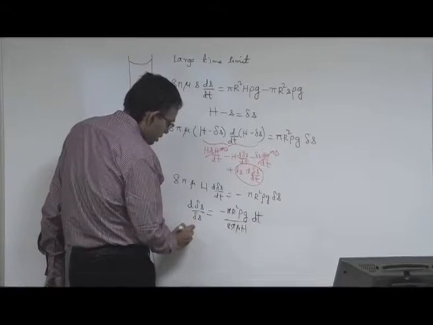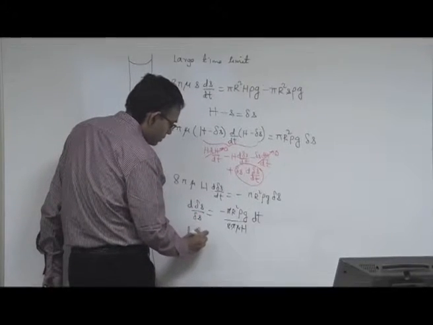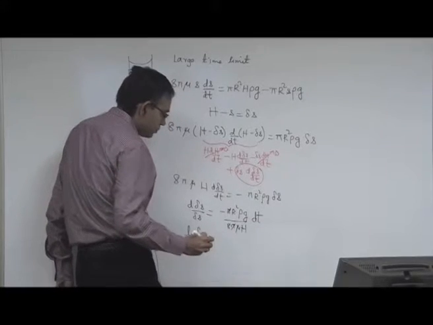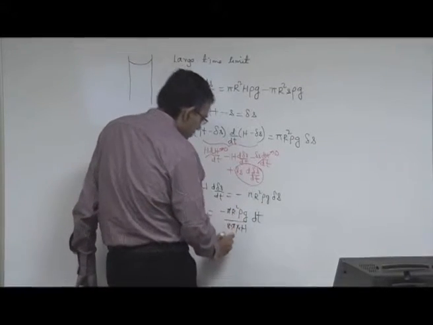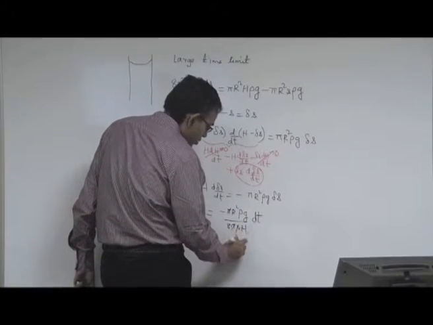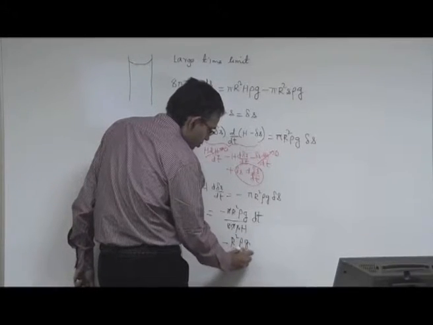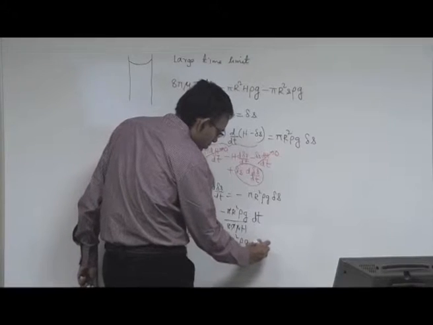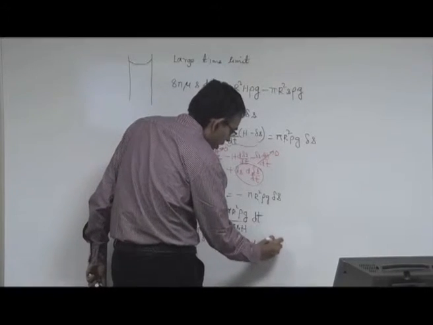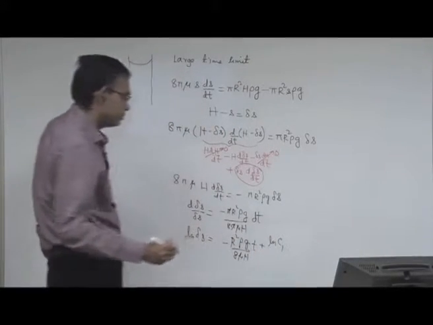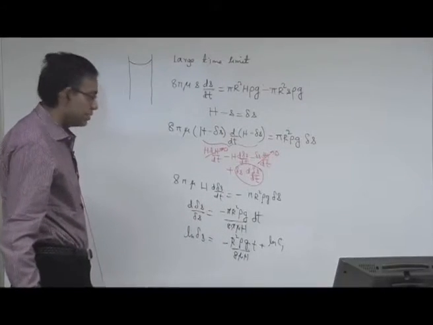So ln delta S is equal to minus r square rho g by 8 mu H t plus ln c1, if you integrate it.